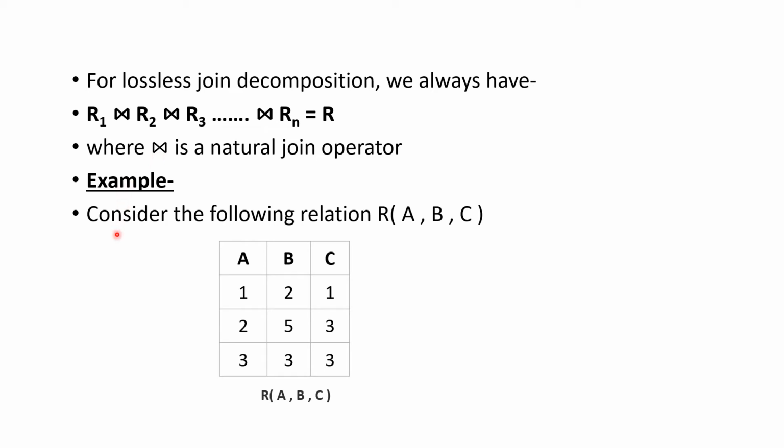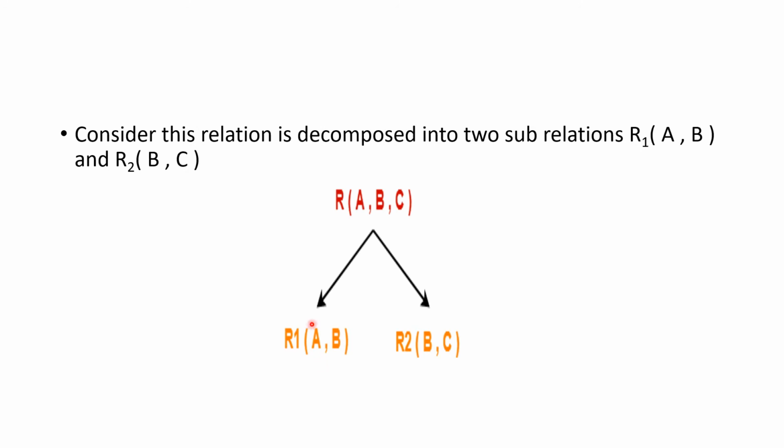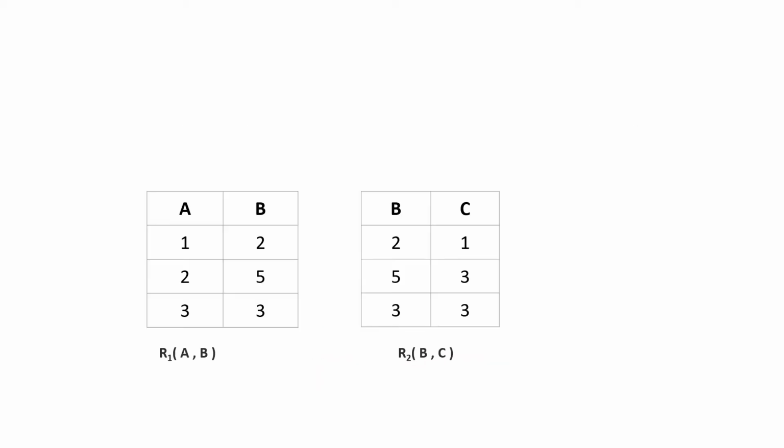Here is an example. Consider the following relation R which has attributes A, B and C. So we have some values of A, B and C. Now consider the relation decomposed into two sub-relations, R1 with A, B and R2 with B, C. In this way we have broken up the R table into R1 and R2.